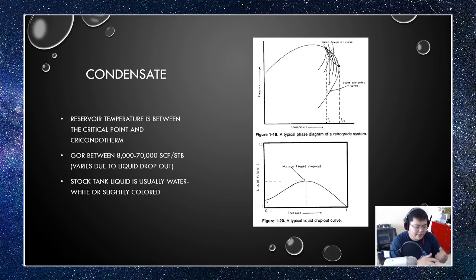And instead of this black colored liquid that you saw from oil reservoirs, you now have a water white, slightly colored stock tank liquid. And that's why we classify condensate as its own category, and that reaches beyond this video.